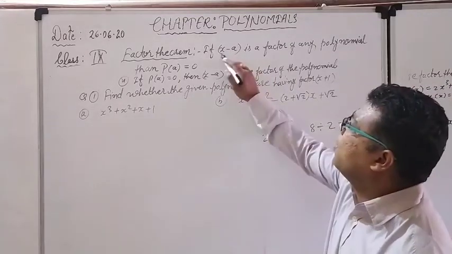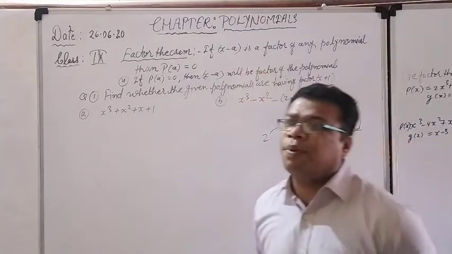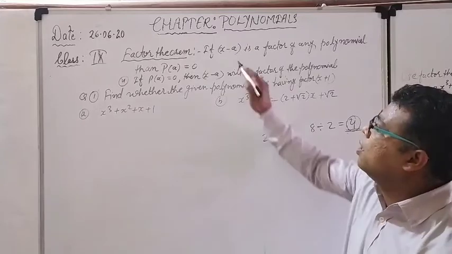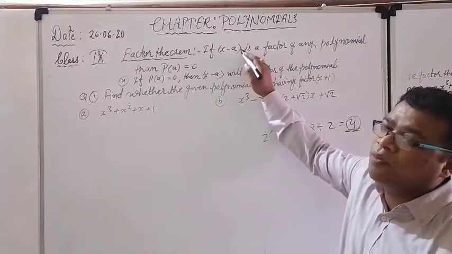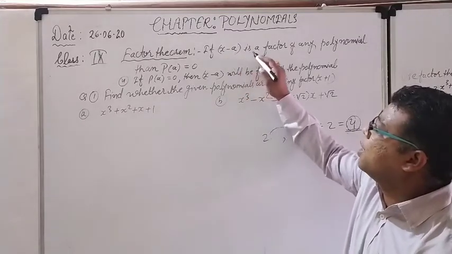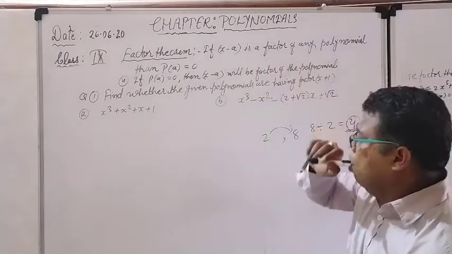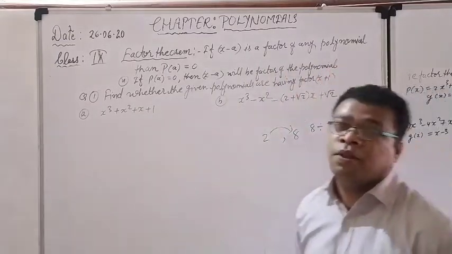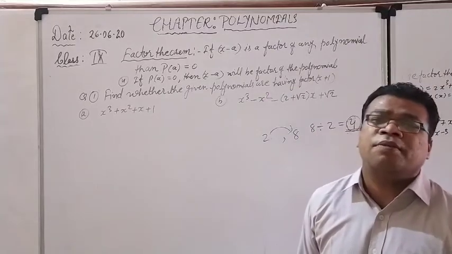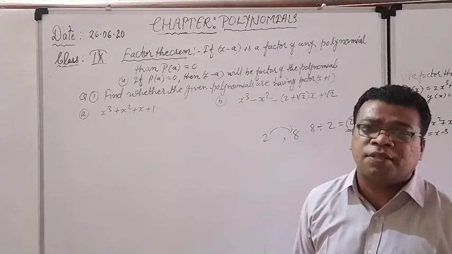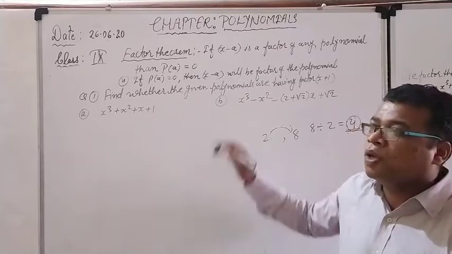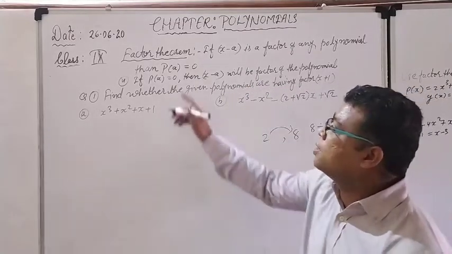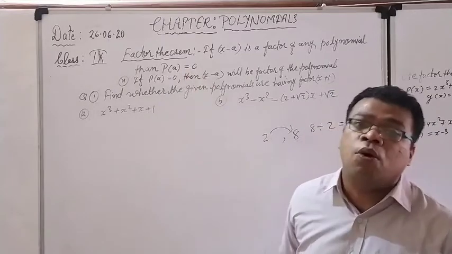See here, if x minus a, where a is any real number, no problem, if x minus a is a factor of any polynomial, for example a polynomial given in the form of p(x), any function of x, then in such a case p(a) is equal to 0.